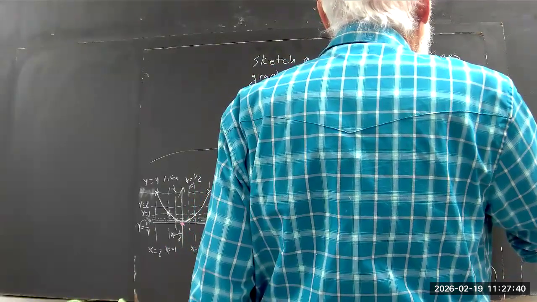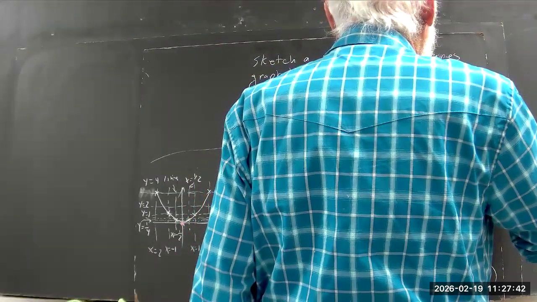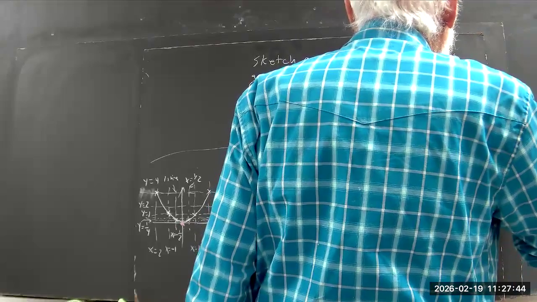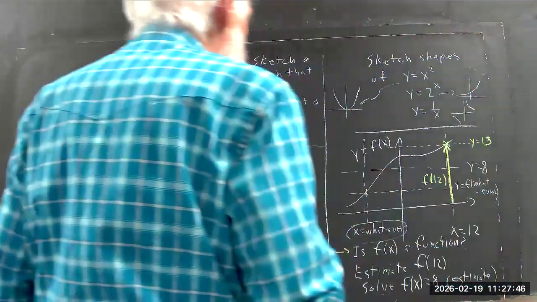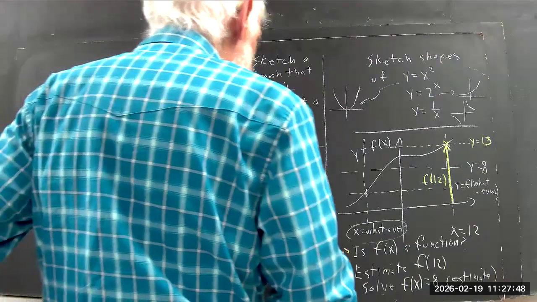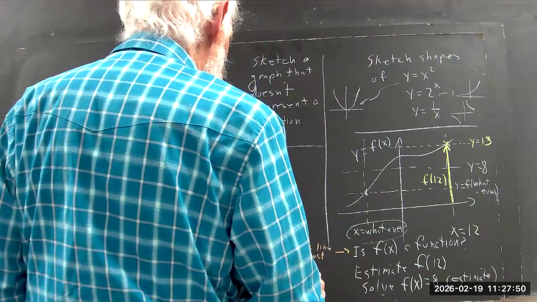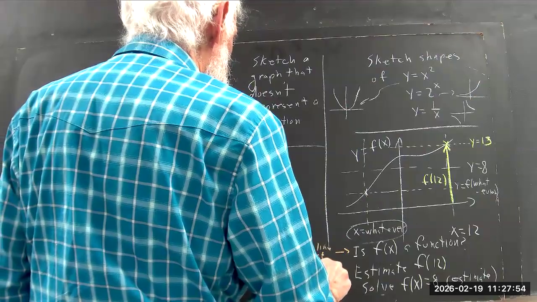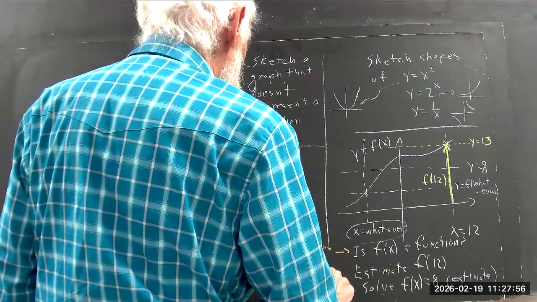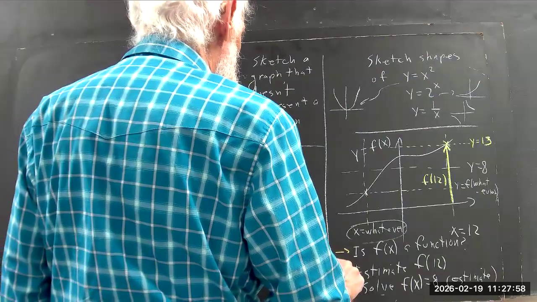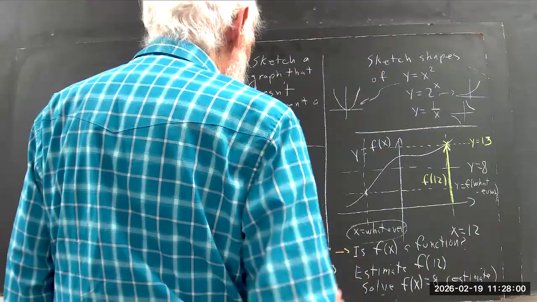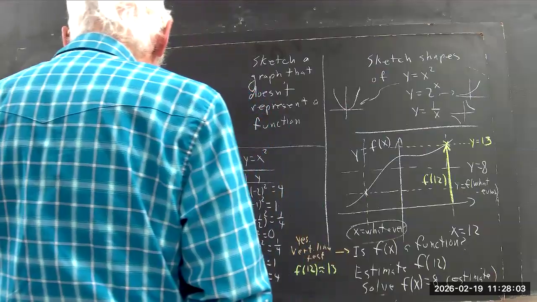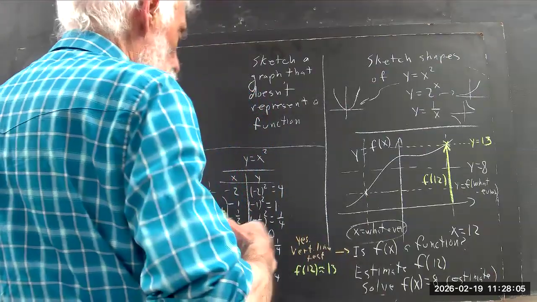So I'm going to estimate y equals 13. Hopefully you can read that. So f of 12 is approximately, we'll use little wavy equal signs for an estimate, approximately 13, and this chalk just does not want to write.